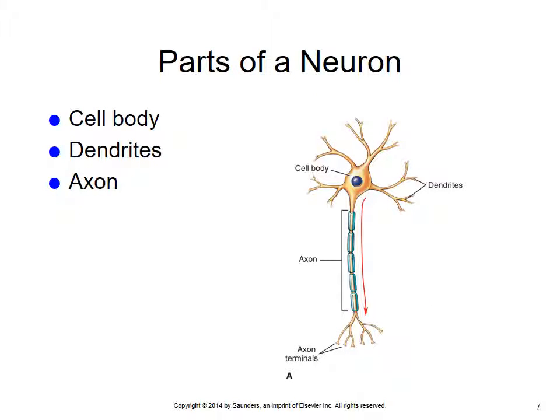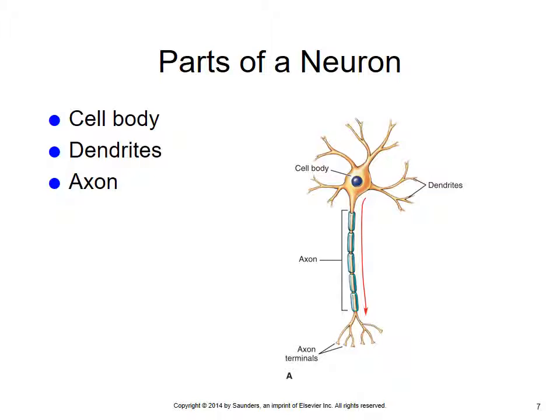Next, we see a neuron, and the neuron is the second type of nerve cell, and it's the most abundant in the transmission of information. So we see the parts of the neuron on the slide: the cell body with the nucleus, the dendrites which branch off of the cell body.